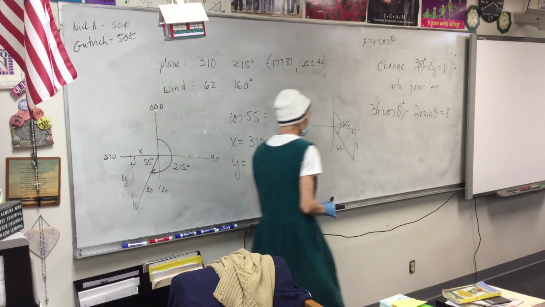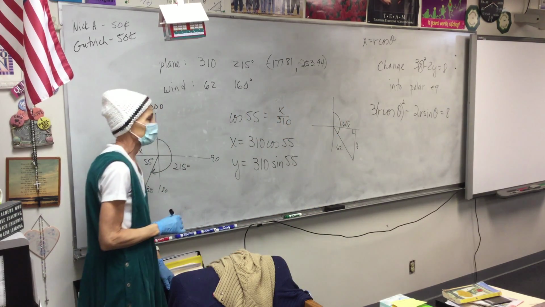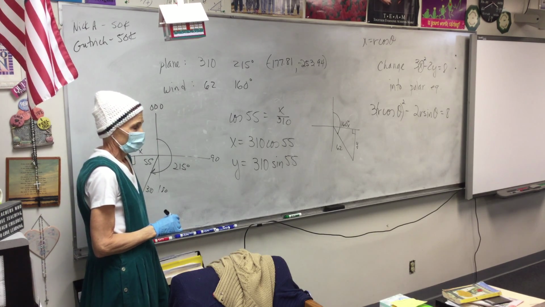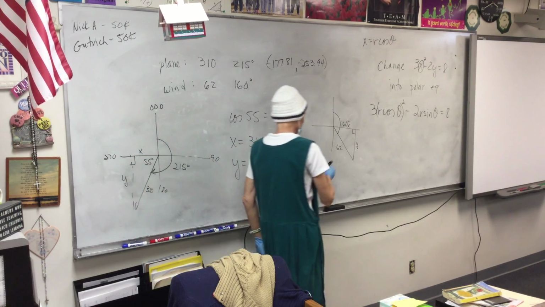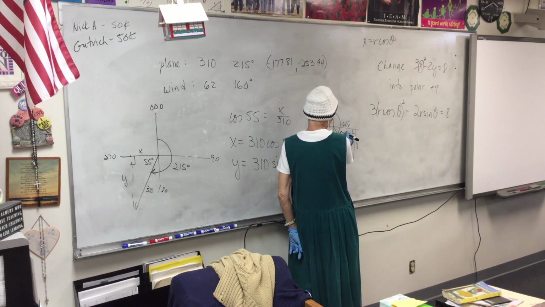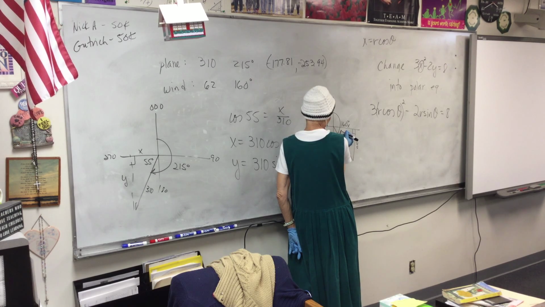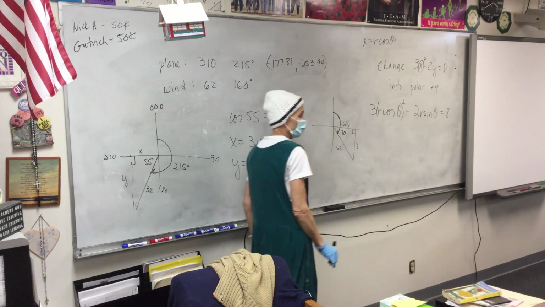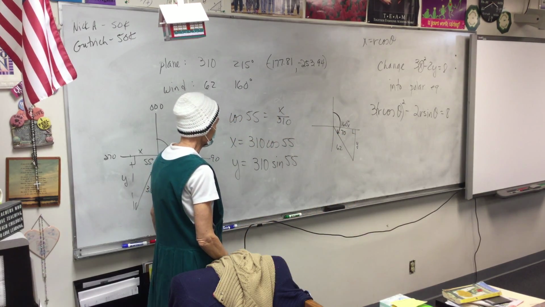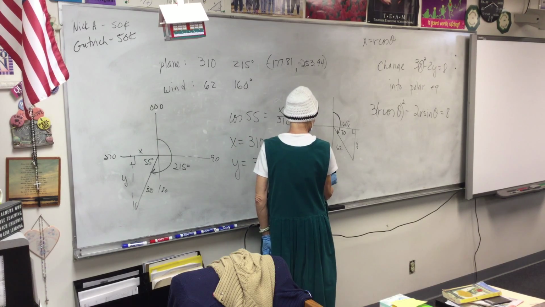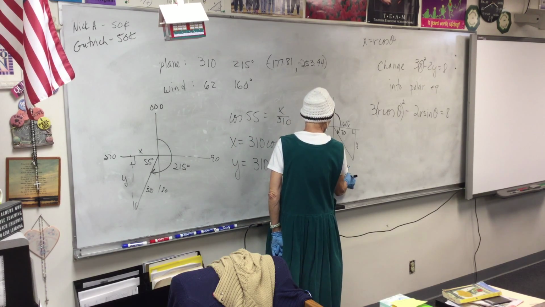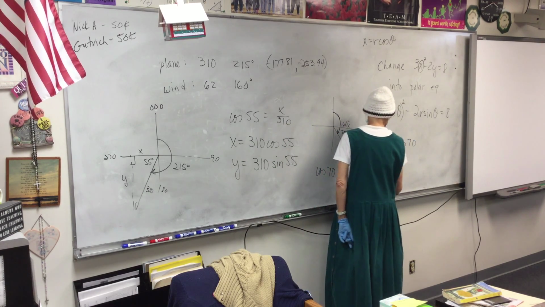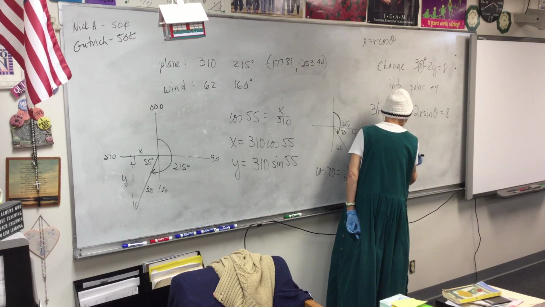And I need to know X and Y. So how big is this angle right here? 70. This is 160, so this has got to be 70. So the cosine of 70 equals X over 62. So X equals 62 cosine 70 and Y equals 62 sine 70, right?